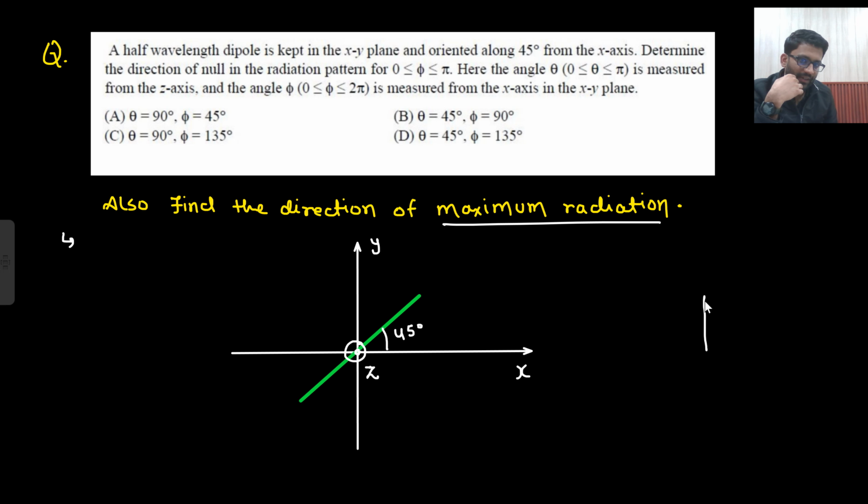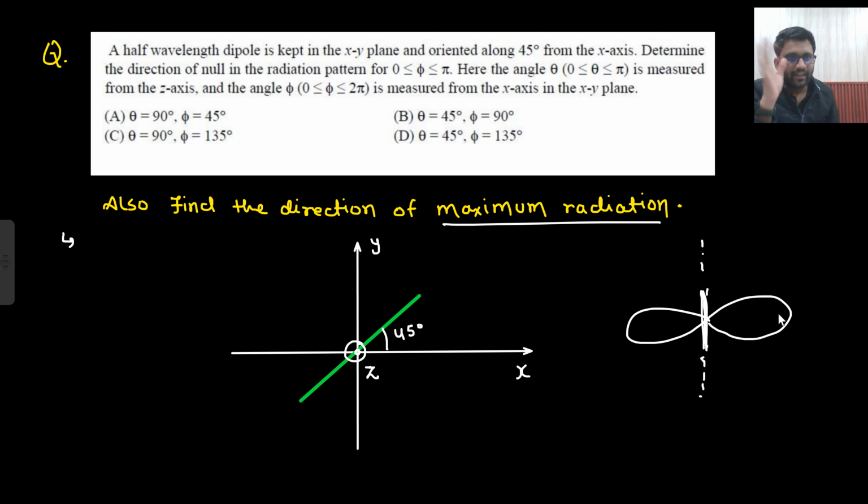So if this was our antenna, how were we getting our wave pattern? Like this and like this. So here there were nulls, right? It was the same for any length, for lambda length, for lambda by 2 length, and for Hertzian as well.